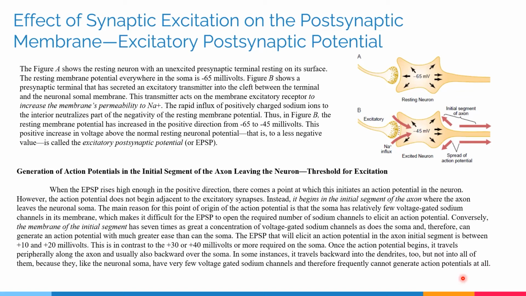The number of voltage-gated sodium channels on the axon is 7 times as great as that present in the neuronal soma. And thus, it is far easier to elicit action potential in the axon, giving rise partially to the directionality of the signal transduction, rather than the action potential being generated in the neuronal soma or dendrites.